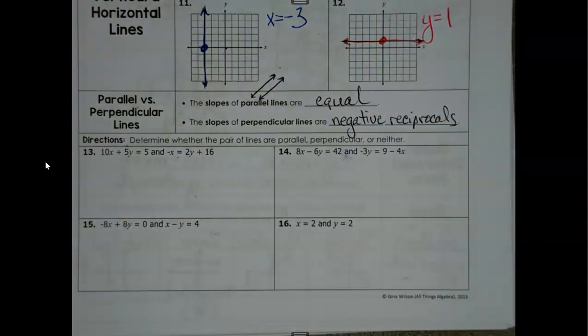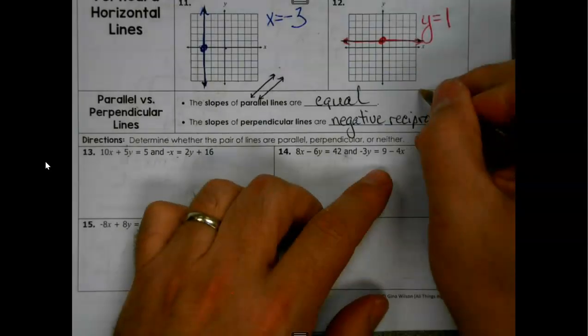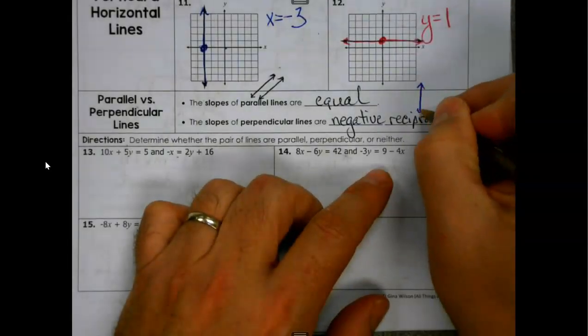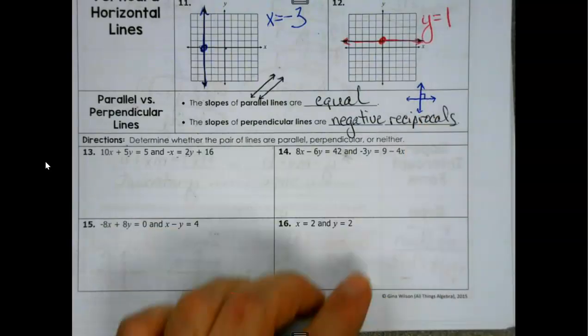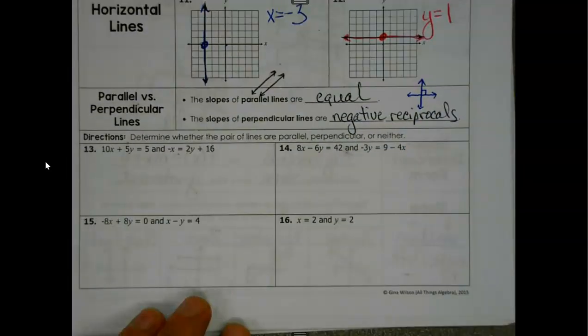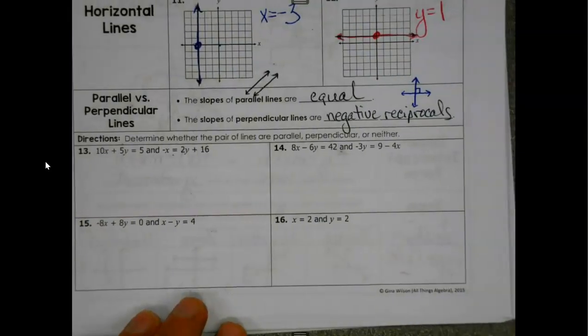Are negative reciprocals. You're like, okay, wait a minute. What does that mean? Well, first, perpendicular lines are going to cross each other and make right angles. We've seen right angles before. But negative reciprocals mean you change the sign and you flip your slope.